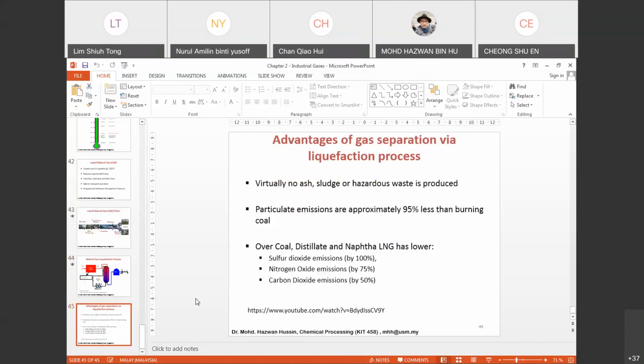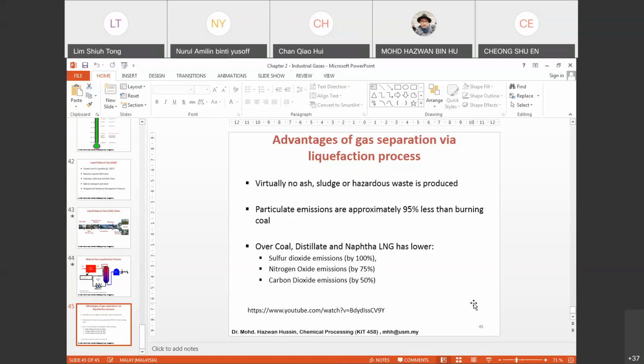So the advantages of gas separation via the liquefaction process. Of course, for this type of process, it will not include heating. So there's virtually no ash, no sludge, no hazardous waste produced, no other hazardous gas produced. The particulate emission is approximately 95% less than burning charcoal.